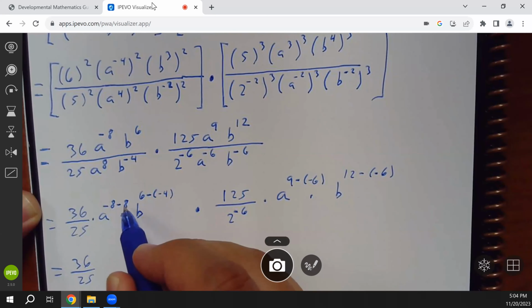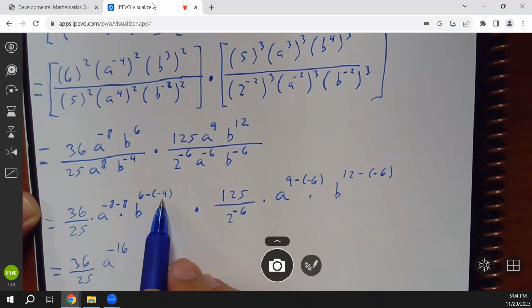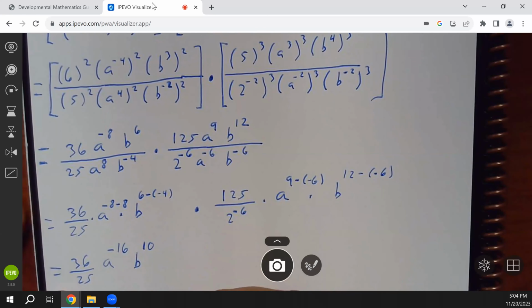Negative 8 minus 8. 6 minus 4, so B plus 4. Right.